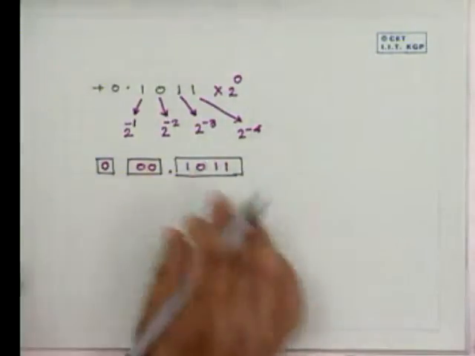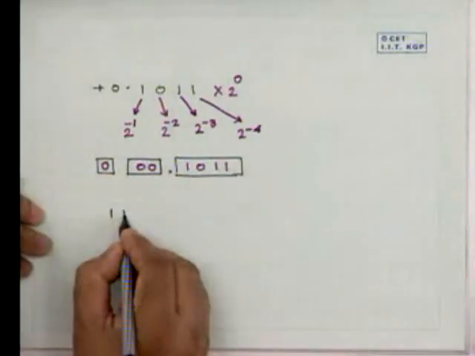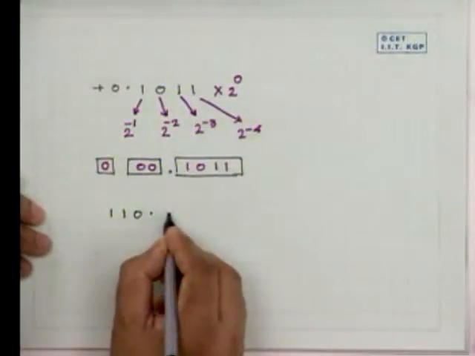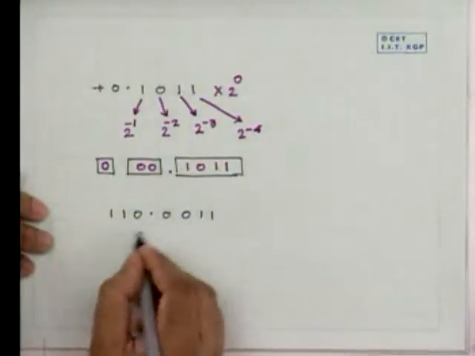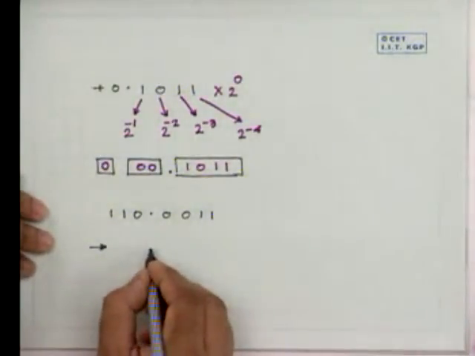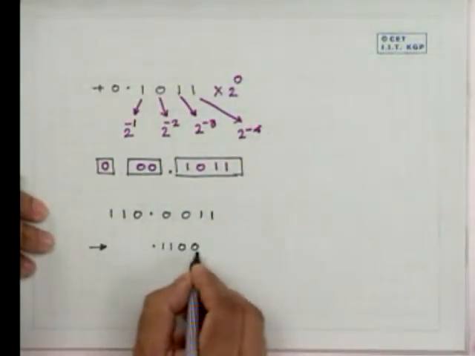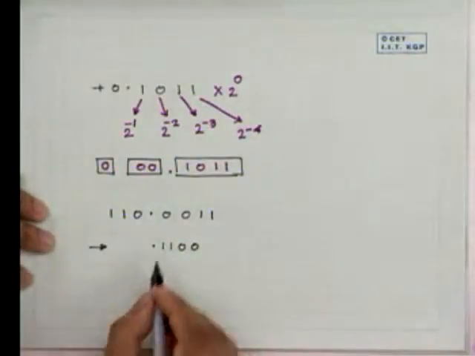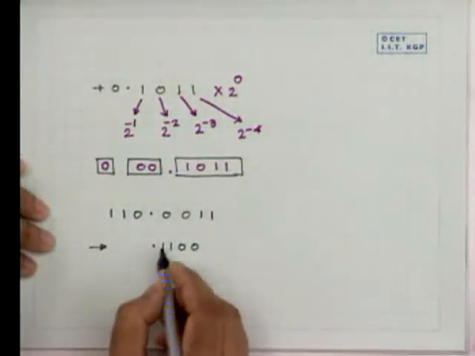Now let's take the number, say 110.0011. In our floating point representation this will be 0.1100, so we can represent only 4 bits in our computer. This is our mantissa.